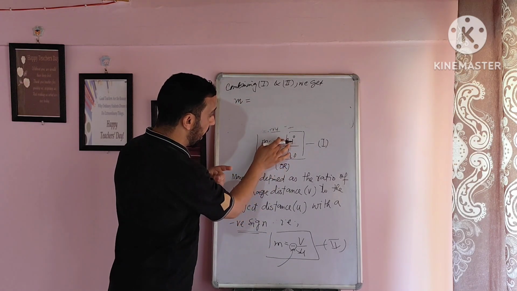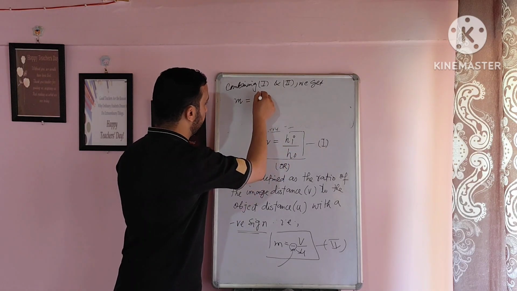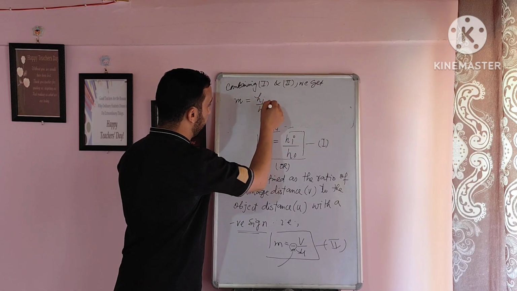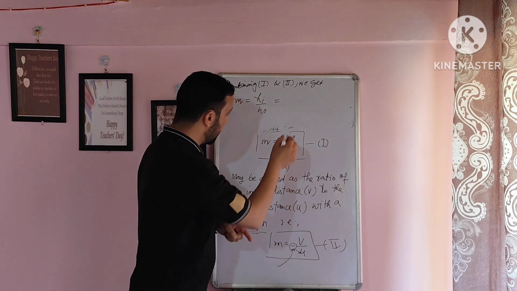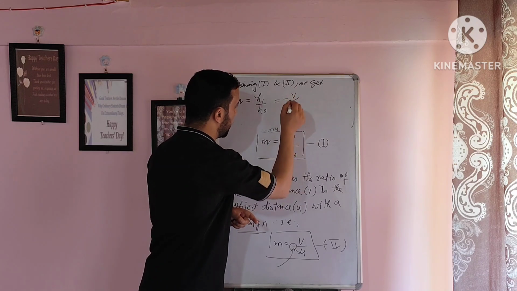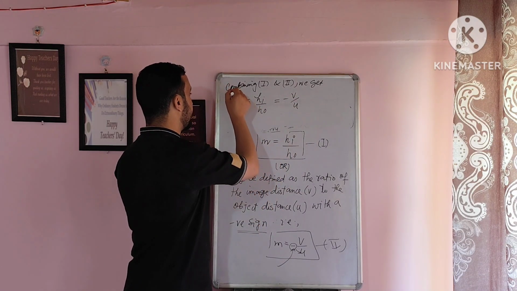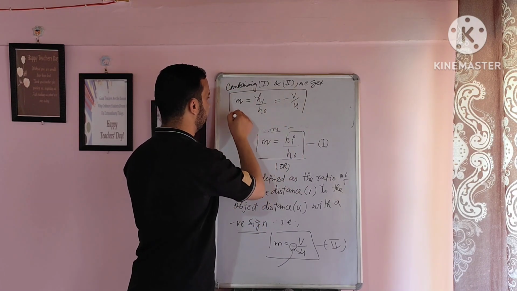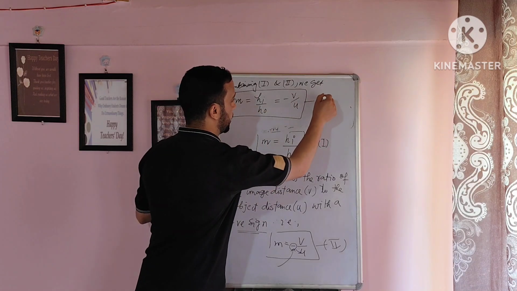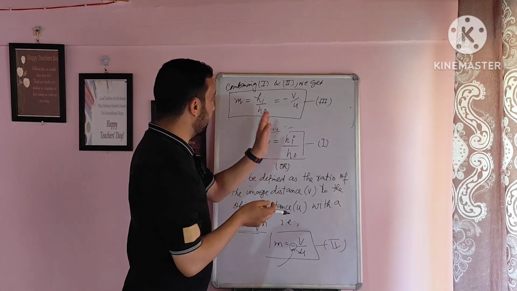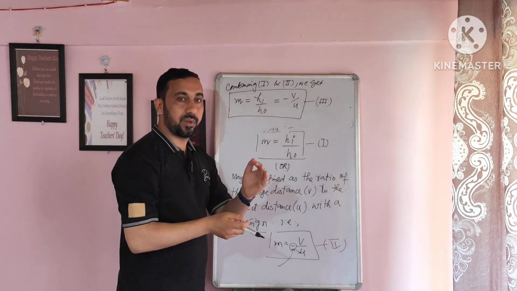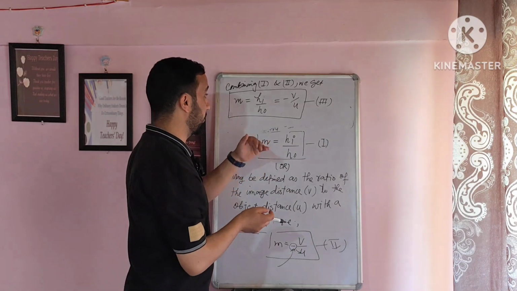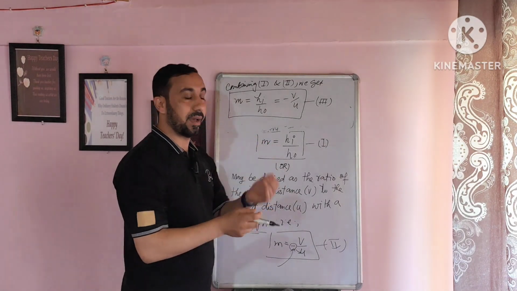Combining them, we get Hi upon Ho equals minus V upon U. This is equation number 3, which is the required magnification formula that can be used in numericals.